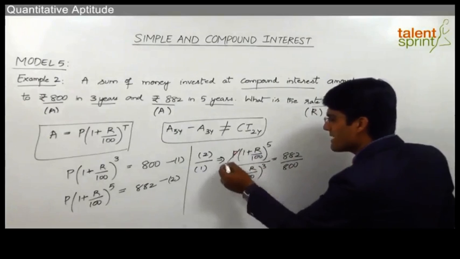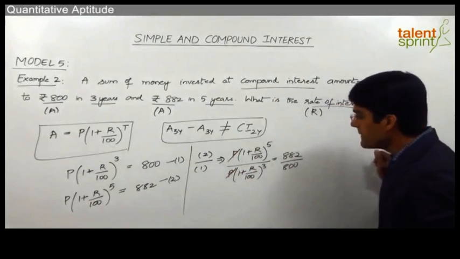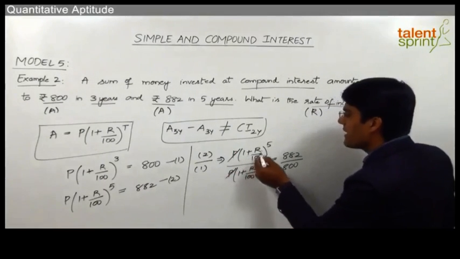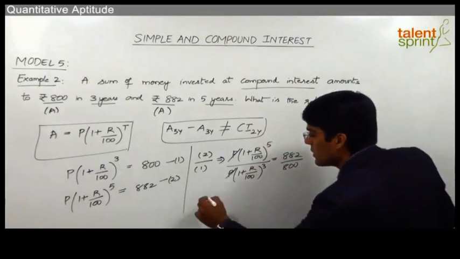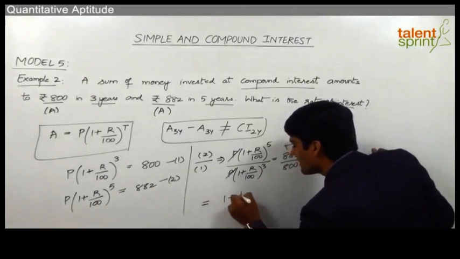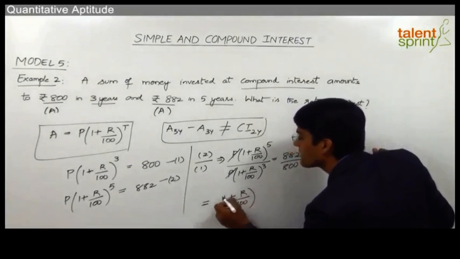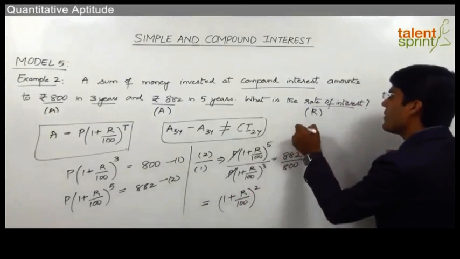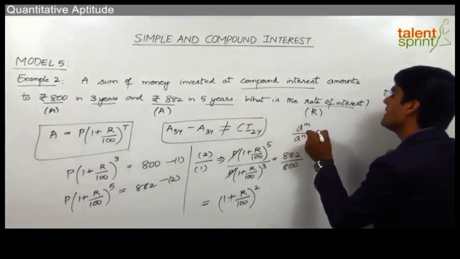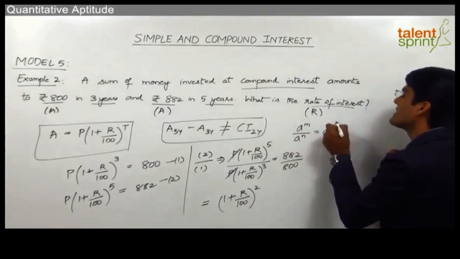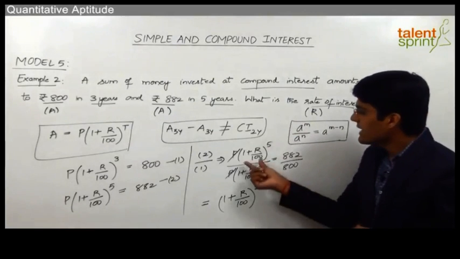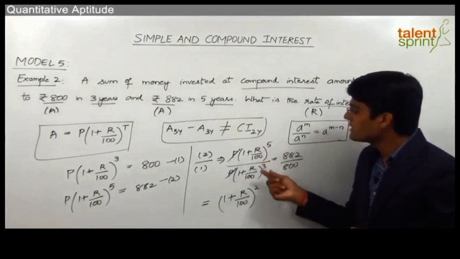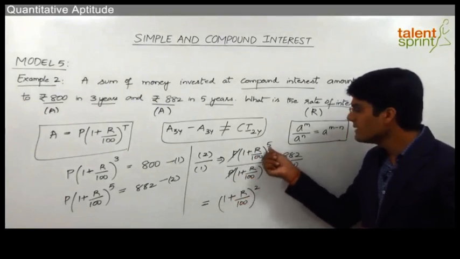So as you can see here, principal and principal get cancelled, and 1 plus R by 100 whole power 5 divided by 1 plus R by 100 whole power 3 will be equal to 1 plus R by 100 whole to the power of 2. Why? Because a power m divided by a power n will be equal to a power m minus n, from the concept of indices. So this is like a power 5 divided by a power 3 should be equal to a power 5 minus 3, which is 2.